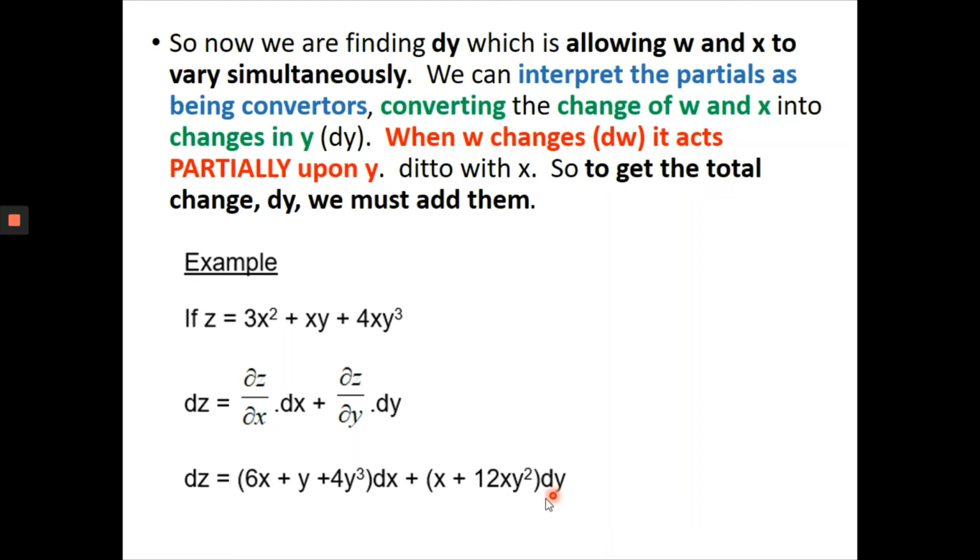All right, so that there would be the differential dz, and it's the sum of the change in z that will occur from a change in x and a change in y. And remember, in both of these cases, we're looking at infinitesimal changes. So very, very small changes in x and y.